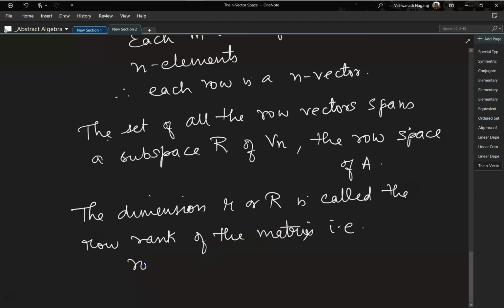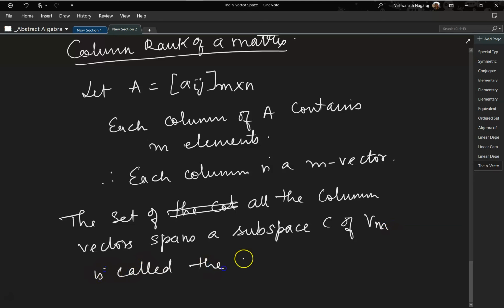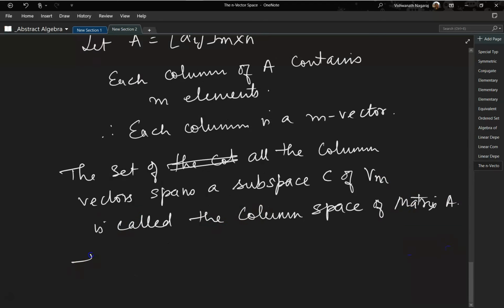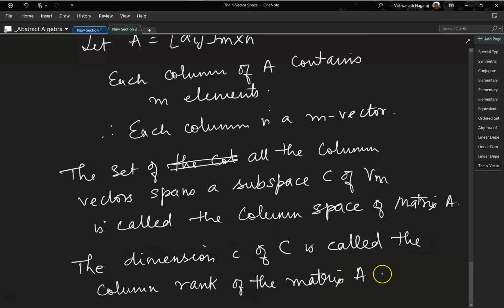Now the set of all the column vectors spans a subspace C of Vn, or in this case Vm, and is called the column space of matrix A. Now the dimension of C is called the column rank of the matrix A. That is, column rank of a matrix is equal to the max number of linearly independent columns of A.